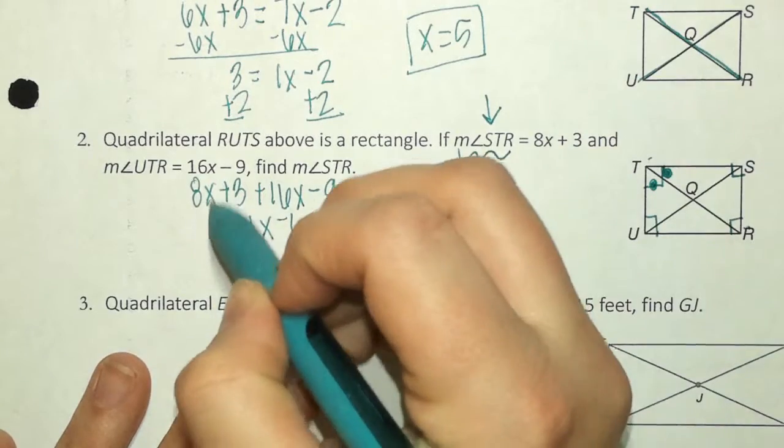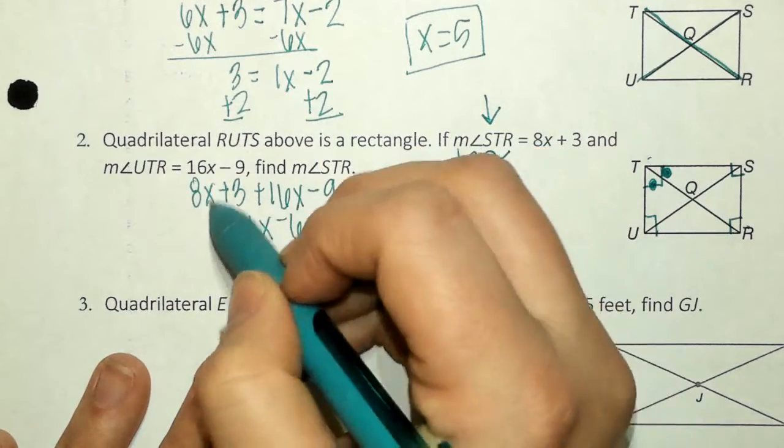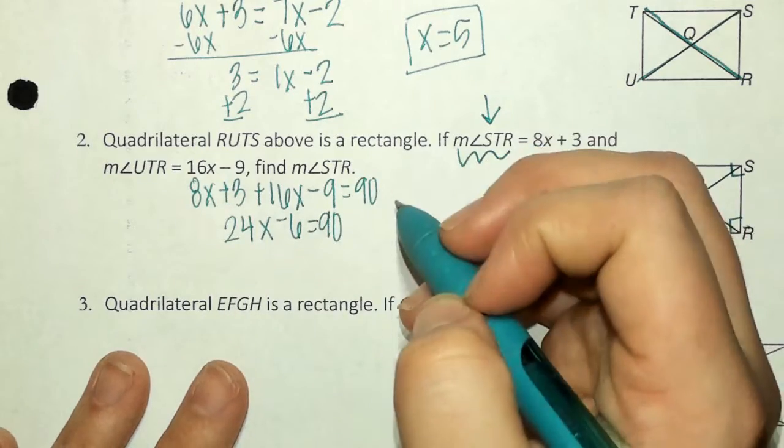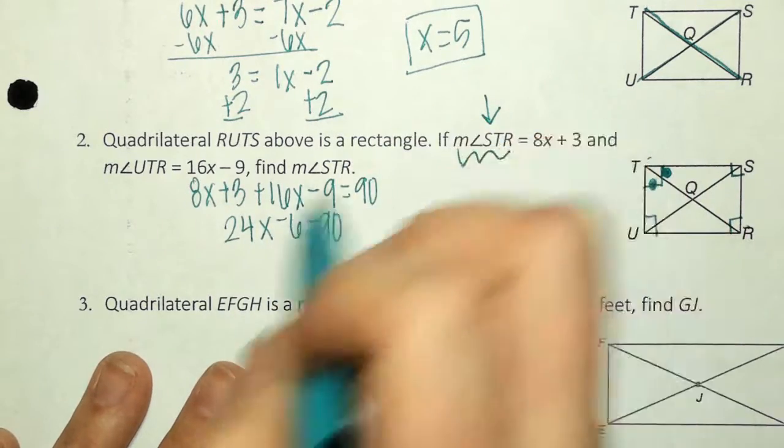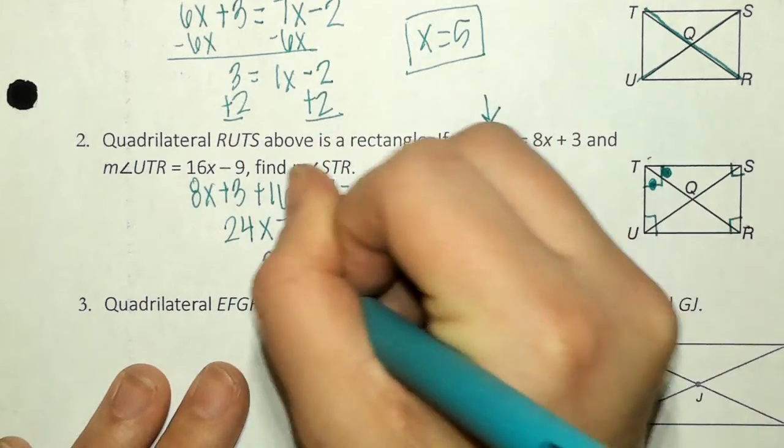Remember, when you're combining like terms, you just do the sign that's in front. So 8 plus 16, 3 minus 9. So you would add 6 over. 24x equals 96. Divide by 24.